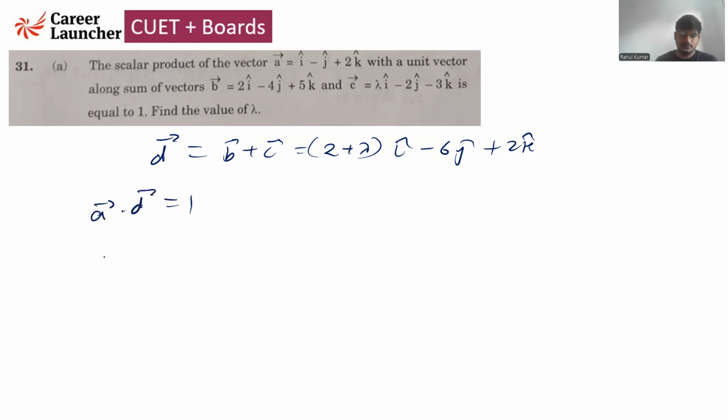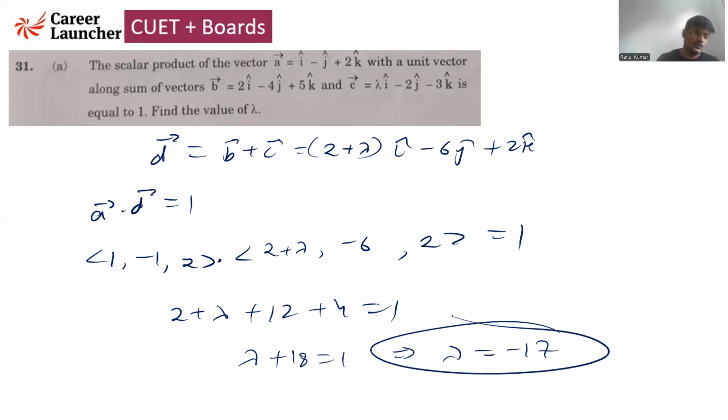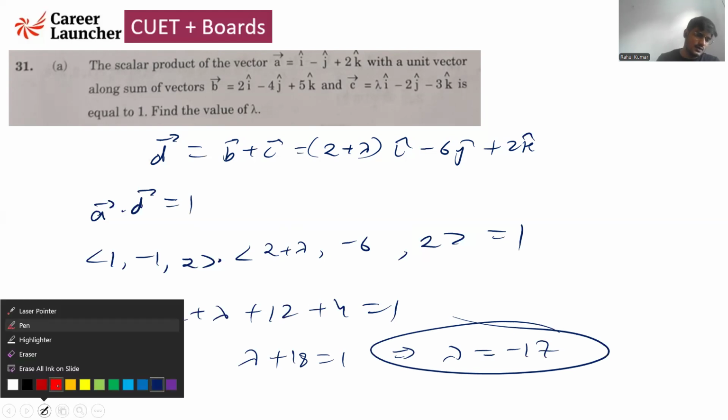What is A vector? It is 1, minus 1 and 2. And what is your D vector? D vector is 2 plus lambda, minus 6 and 2, and it is equal to 1. When you take the dot product, 2 plus lambda plus 12 plus 4 is equal to 1. Means lambda plus 18 is equal to 1, and the value of lambda is minus 17, and this is what you will receive as your answer.